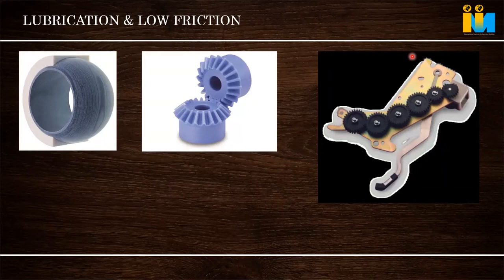So generally nylon and POM are the most commonly used materials. But if we have to go to the next level, then compounding comes into the picture. There are special nylons compounded with PTFE, which has a very low coefficient of friction.